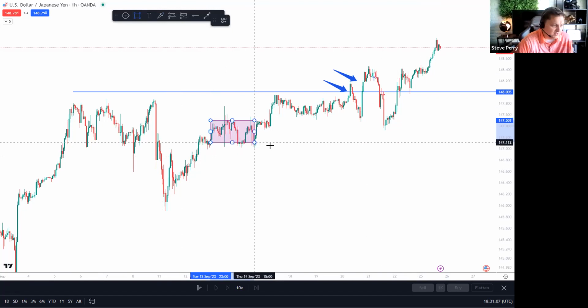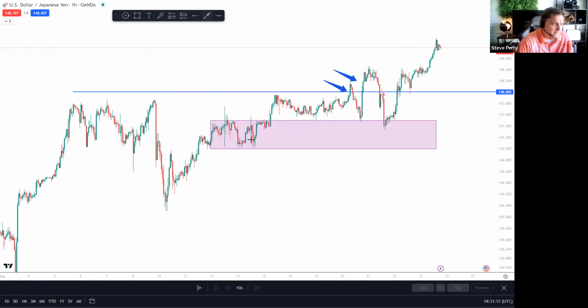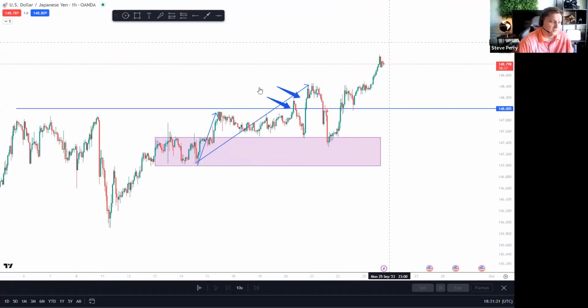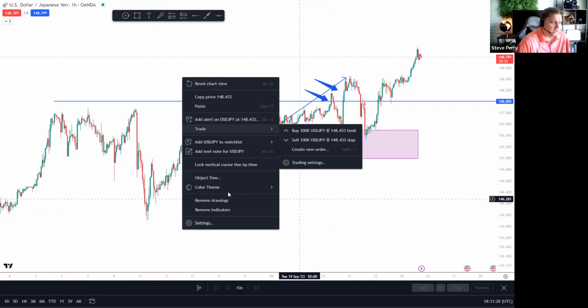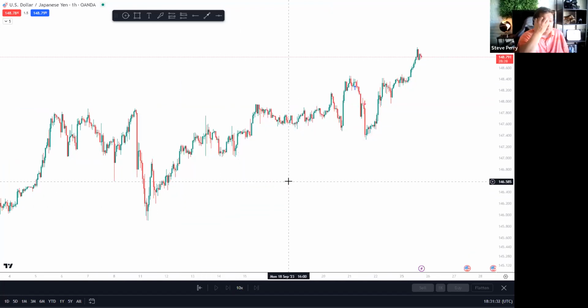Whatever took place in here created this move right here, which ultimately also led to that move right there. So those breakouts, and the market just came right into liquidity, and then it was off to the races, right? So pretty cool. I think it is pretty awesome stuff.